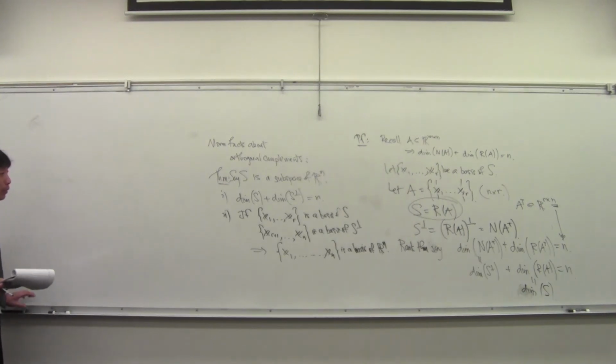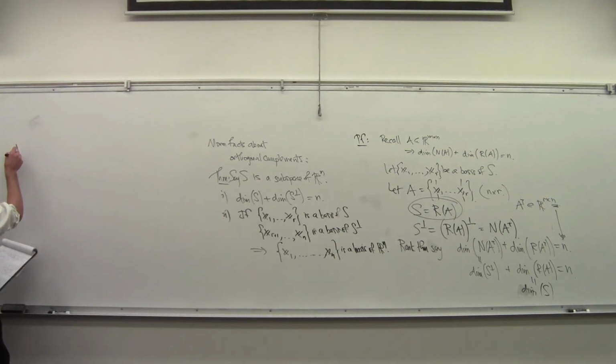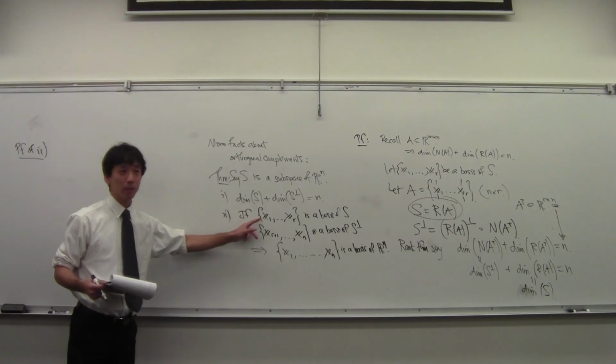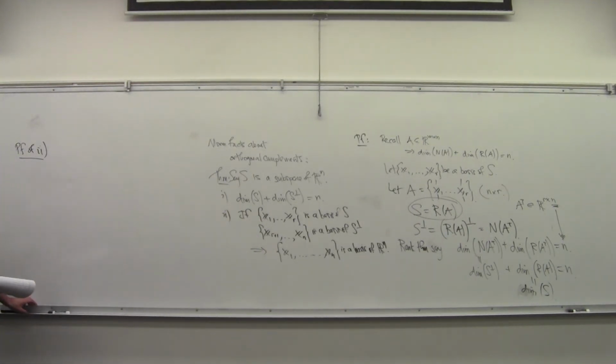Let me try to quickly get the second proof. Why is it true that if you have a basis of S and a basis of S perp, you can just put them together and get a basis of Rn?